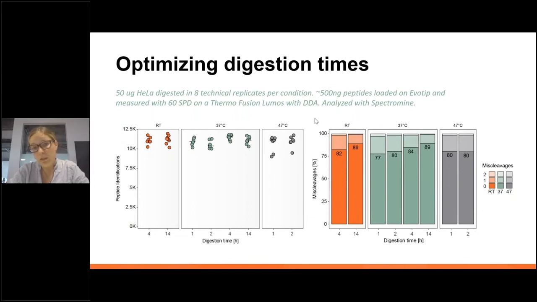But again, it's important to monitor the miscleavage rate as a measure of the efficiency of the PAC digestion. We see that the best digestion efficiency is at overnight digestion at 37 degrees, but room temperature overnight provides similar results. And I think more interesting is that a 4-hour digestion at room temperature actually gives us quite decent results, because we have such an effective on-bead digestion with the PAC workflow already.